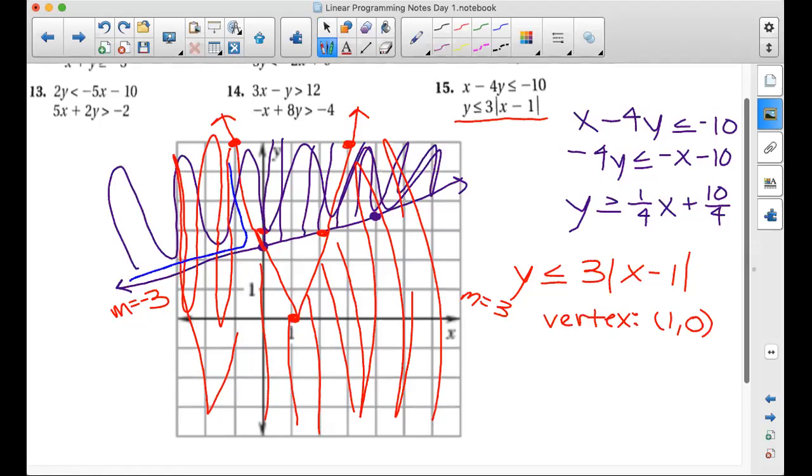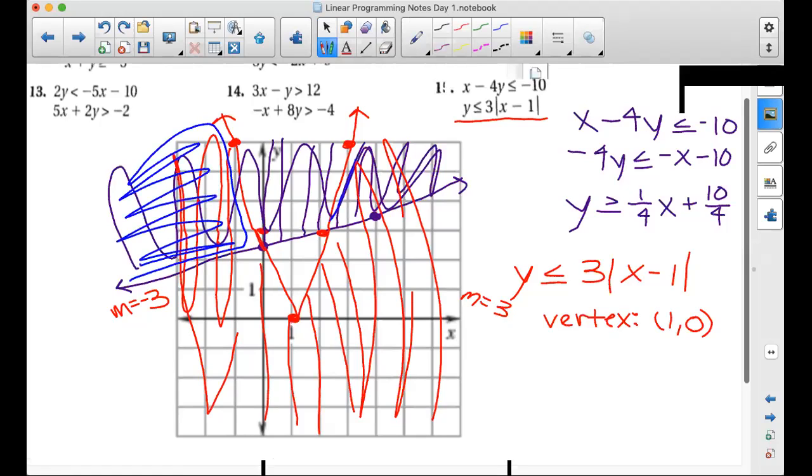So it's in here and on this side. So those are the two different regions where both colors are shaded. This one's a little tricky. Any other questions on that?